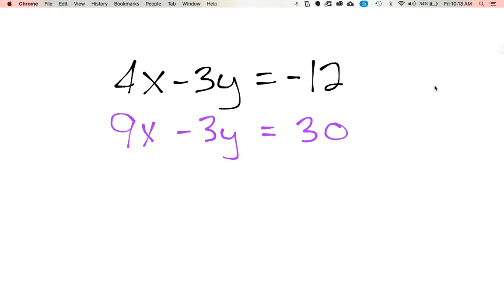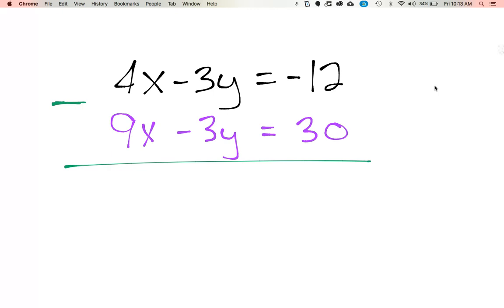So now we have to keep in mind, what do I want to do to cancel these out? Is it -3 plus -3 or -3 minus -3? And anytime the signs are the same, you want to subtract them. So take your time here.